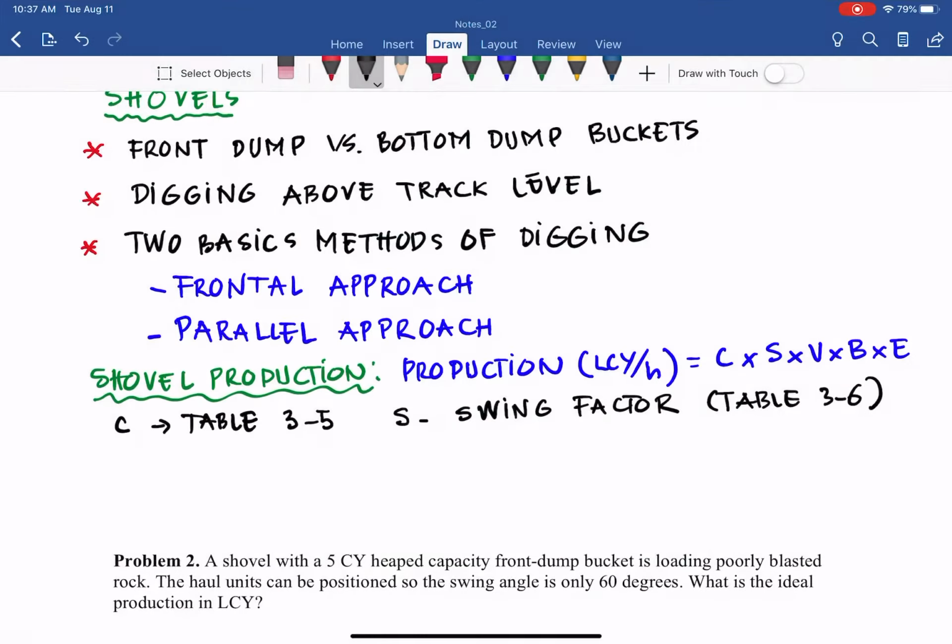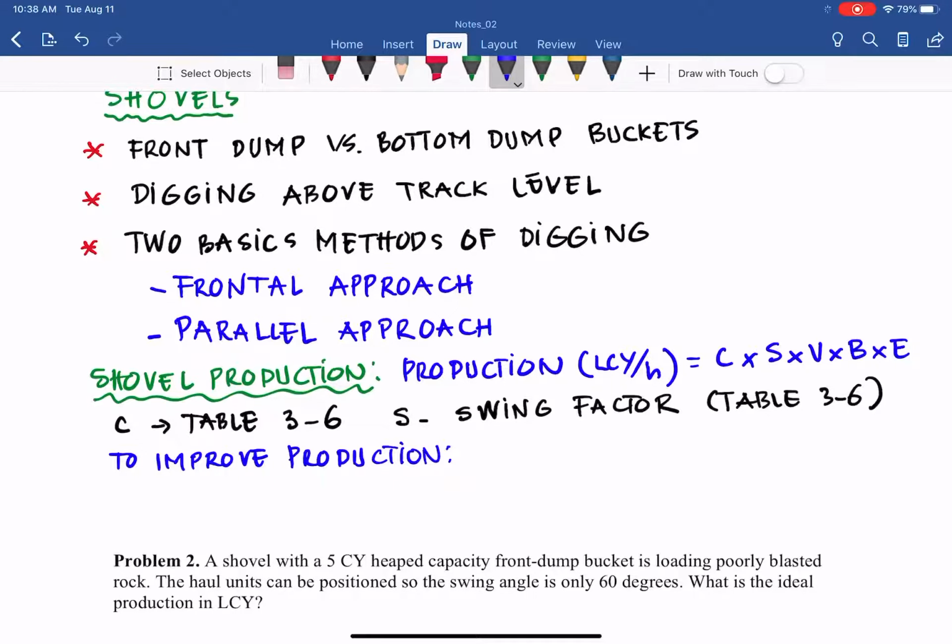So let me make a few notes here. Both are in table 3.6. How do we improve production? From that table, what are the implications for improving the production of the shovel? Basically, there are two things we can do.